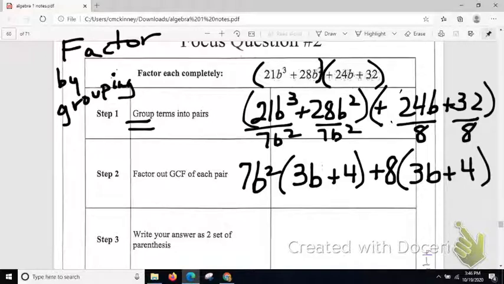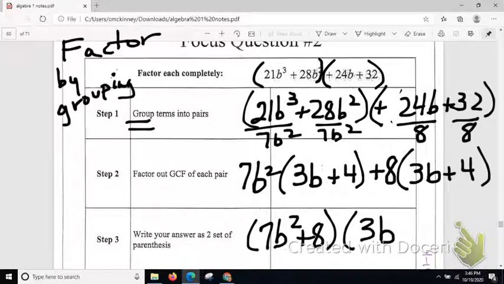Once we're here and our 2 sets of parentheses match, we group what's on the outside into its own set of parentheses, and then the part that is inside that matches now only needs to be written once, because as one of our classmates shared with us last week, when we were talking about multiplying binomials, you can rewrite that last answer as 7b squared times the 3b plus 4 and 8 times the 3b plus 4, and then think about distributing.